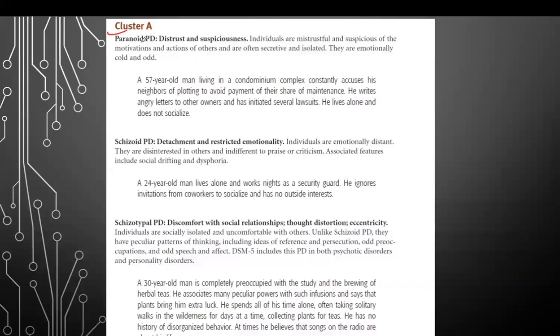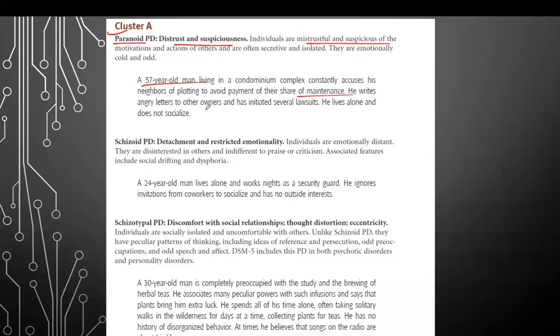Starting with cluster A, paranoid personality. As you can understand, paranoid means that they are suspicious and distrustful. They don't trust anyone. They are suspicious of everyone's motivation, and they think that everyone is trying to harm them or spying on them. Like this patient, a 57-year-old man living in a condominium complex, constantly accuses his neighbors of plotting to avoid payment of their share of maintenance.